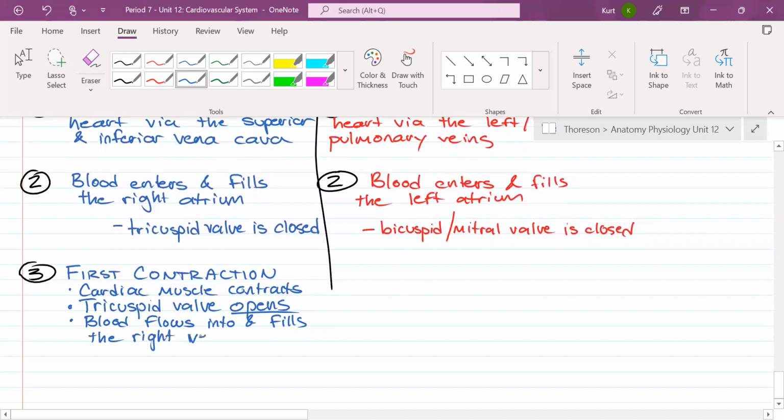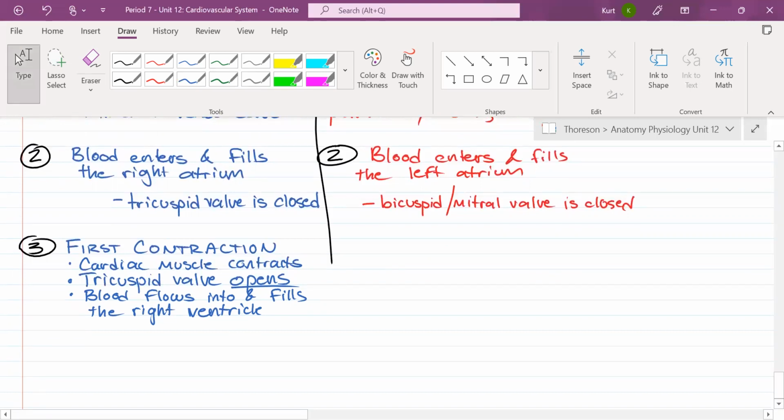Blood flows into and fills the right ventricle. Now, in order for the right ventricle to fill up, what valve must be closed? What follows the right ventricle? The pulmonary valve. I want to make sure you say pulmonary valve, because of the pulmonary artery, the pulmonary trunk. So that's something important to know.